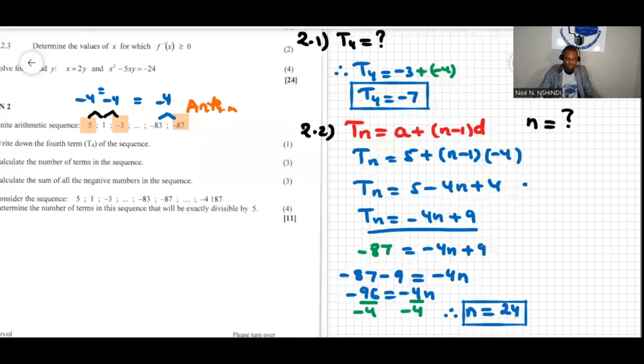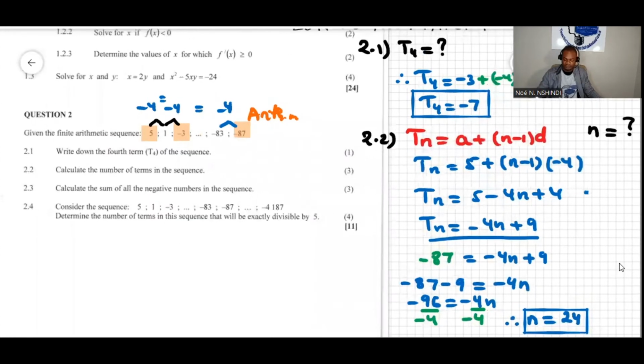Now, that was question 2.1, we did question 2.1 and 2.2. Now we're going to do question 2.3. The question says, calculate the sum of all the negative numbers in the sequence.